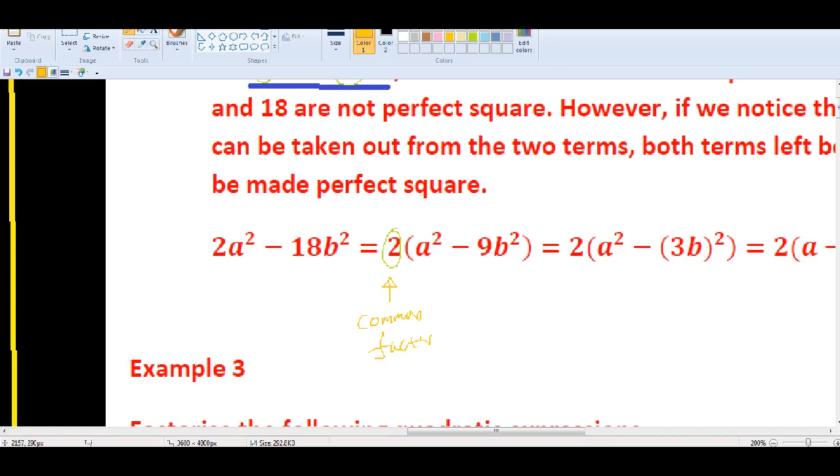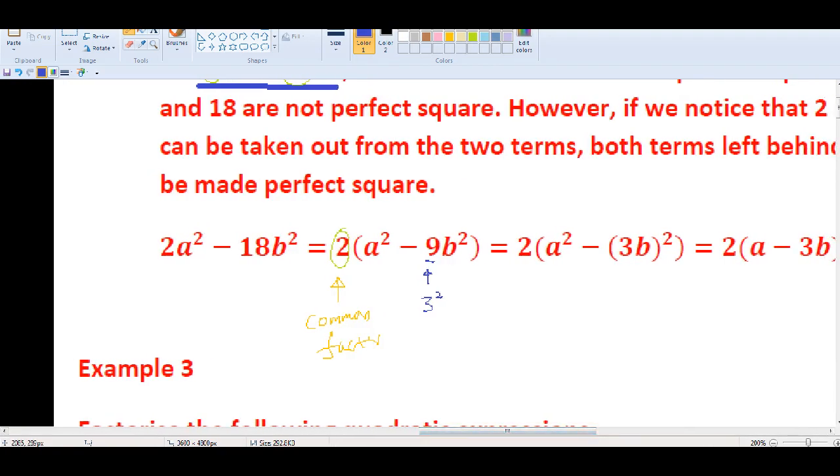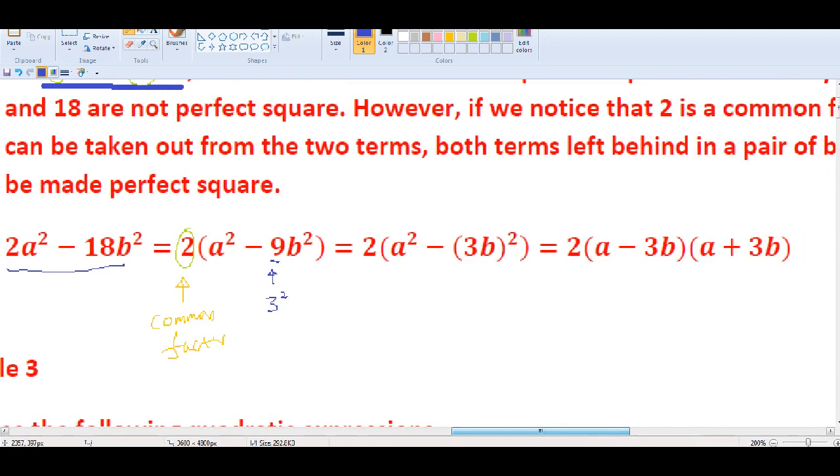Now a squared is a perfect square. And how about 9b squared? 9 is a square number because 9 is 3 square. So although the previous form cannot be written as a square minus another square, after you take out that common factor, you will have both terms which can be written as square minus square, because 9 is now 3 square.